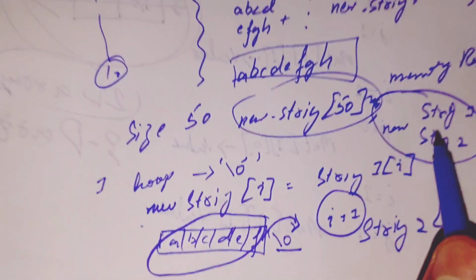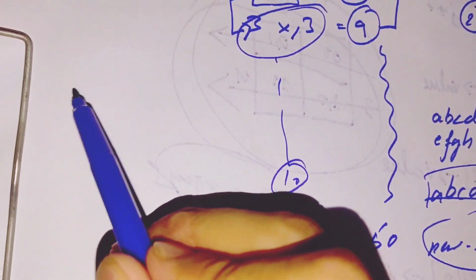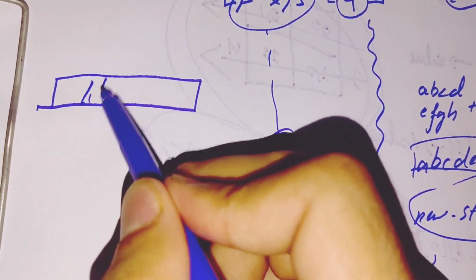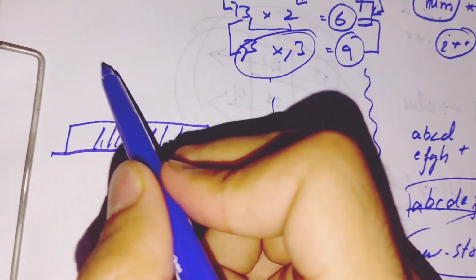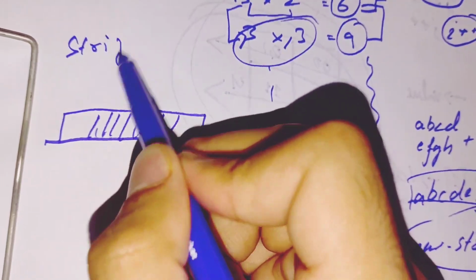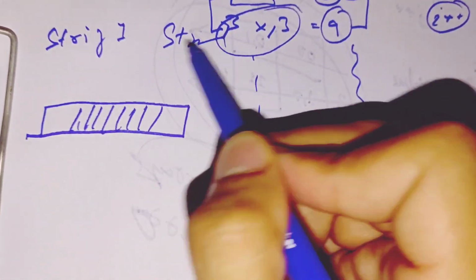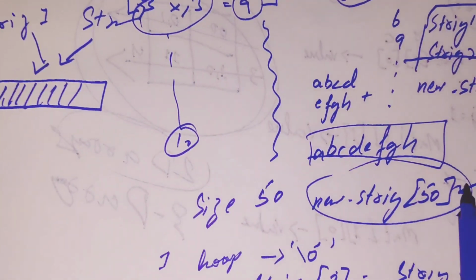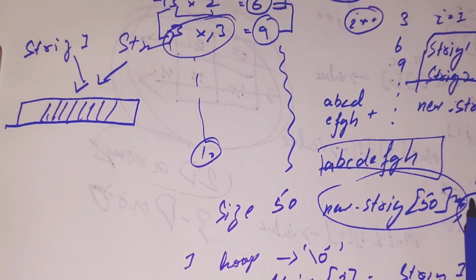So this is going to be our new string, and simply what we are doing is the combination of two strings, with string 1 and string 2 put together in this. So let's see the implementation of this logic.